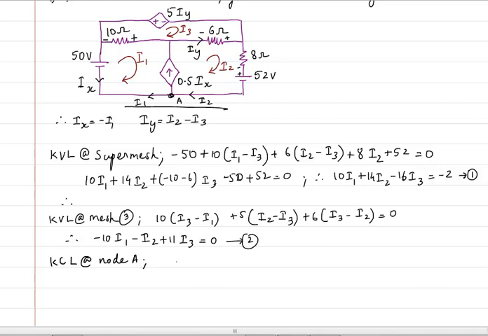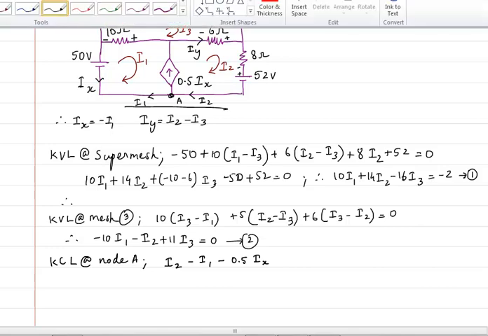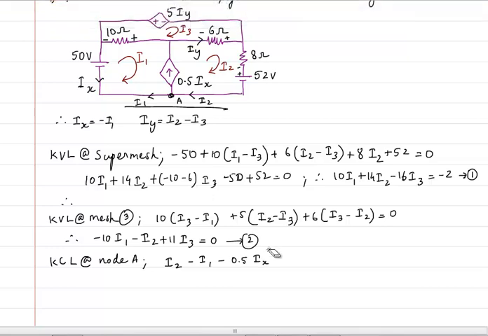So KCL at node A: I2 is incoming to the junction, so plus I2. I1 is going outside, so minus I1. Then the current source is also going outside, so minus 0.5 Ix. Now instead of Ix I can directly write minus I1, so let me clear it.